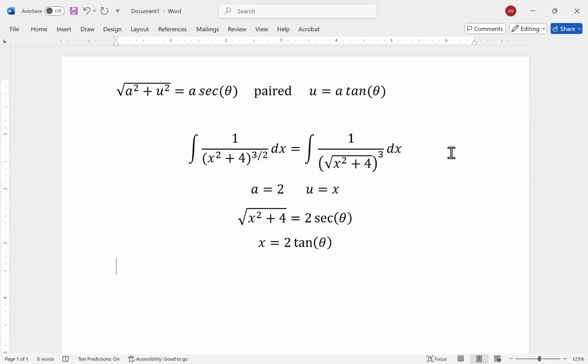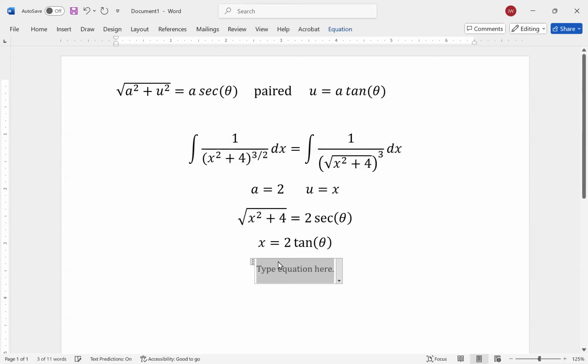Now we're able to replace any square roots with this 2 secant theta. We're able to replace any x we see with 2 times tangent theta. I just need to figure out my differential exchange.